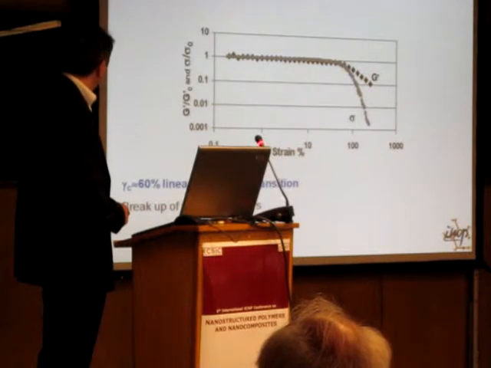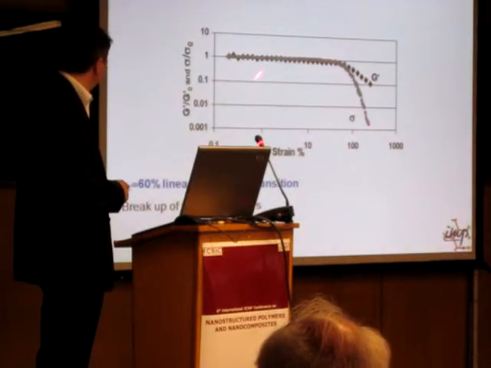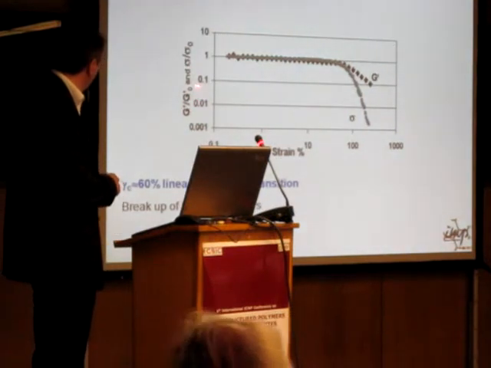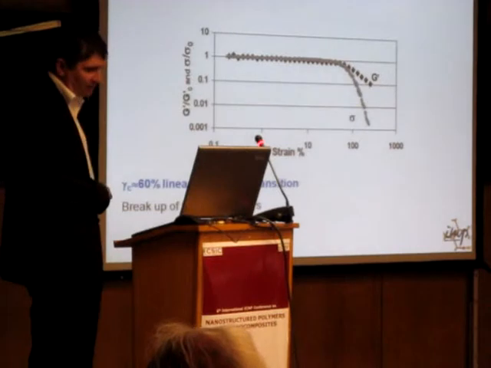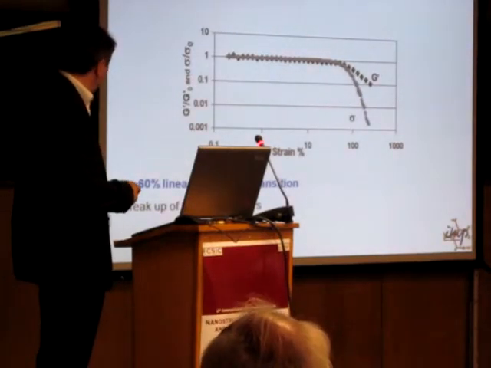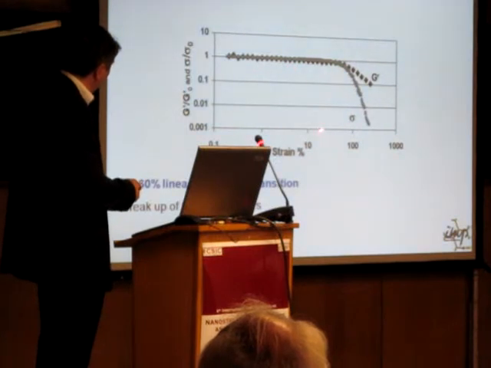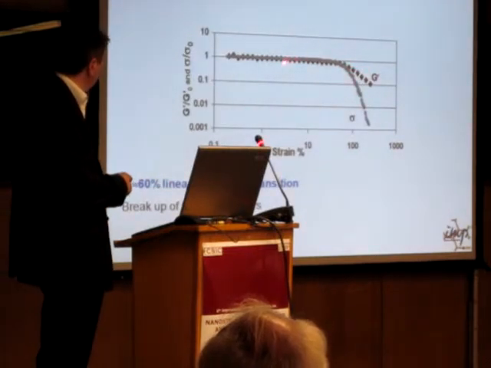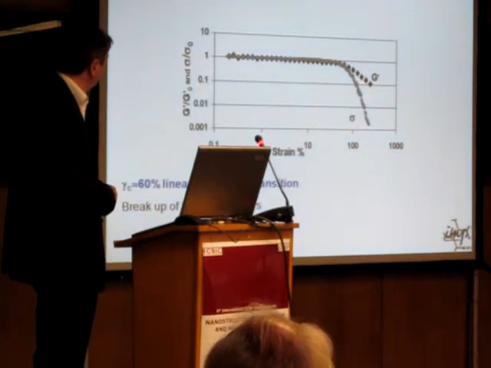About the transition between linear and non-linear regime, this is the variation of the complex shear modulus and the conductivity divided by the value of the equilibrium regime in the linear regime. And of course you can see that at a deformation close to 60%, you have the transition between linear and non-linear regime.